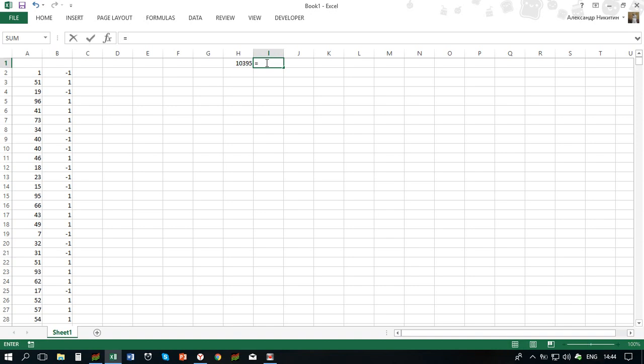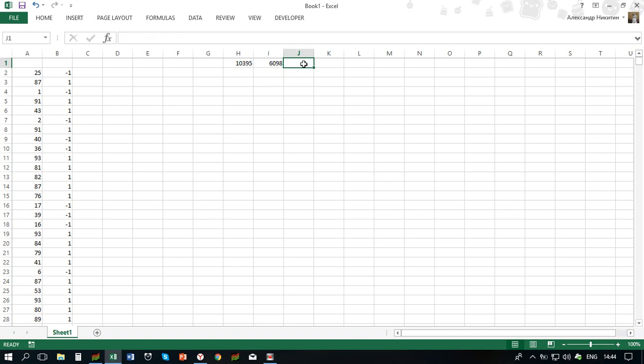So it equals countif. Calculate only those that meet the criteria within this range. What should be the criteria? More or equals to 1. This is the criteria. Okay, calculate the number of winners. We have 6,000 winners.